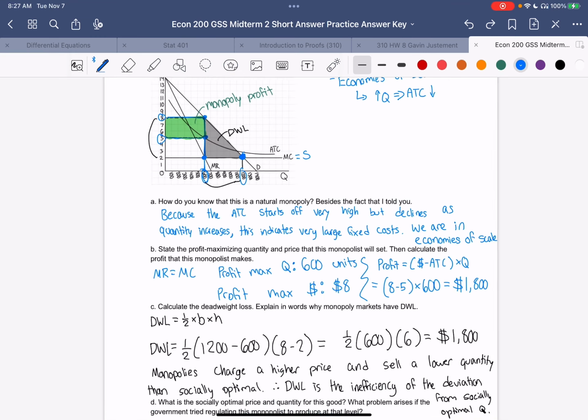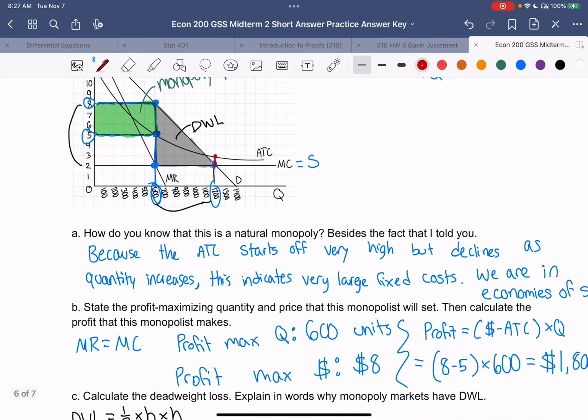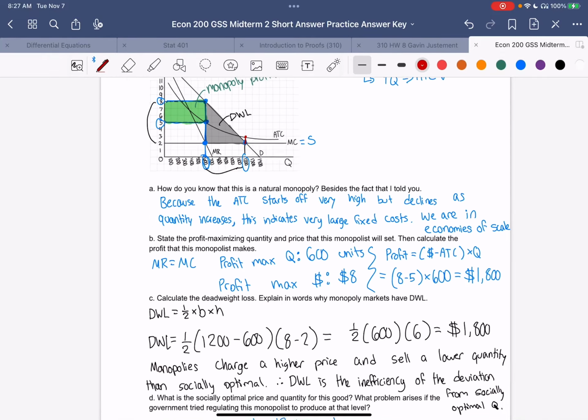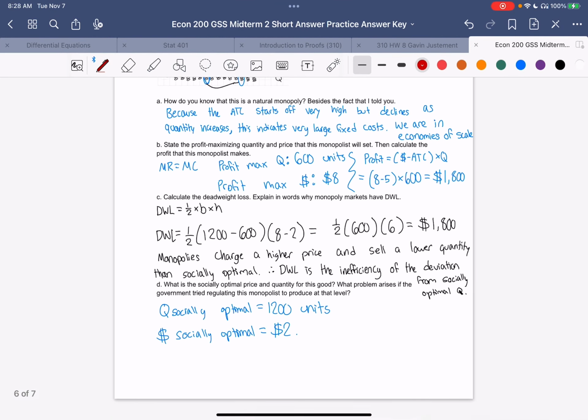Well, the problem is if you take a close look, I'm going to erase the dot and make it a little smaller so you can tell. There's a difference between the ATC and the MC there. And in this case, the average total cost is greater than the price that we would be selling it for. So that would be operating at a loss, and no firm is going to stay open in the long run when you're operating at a loss.